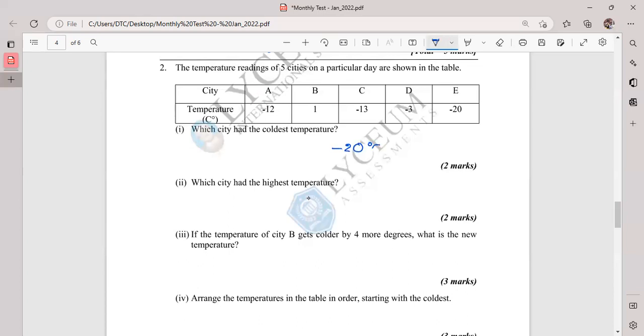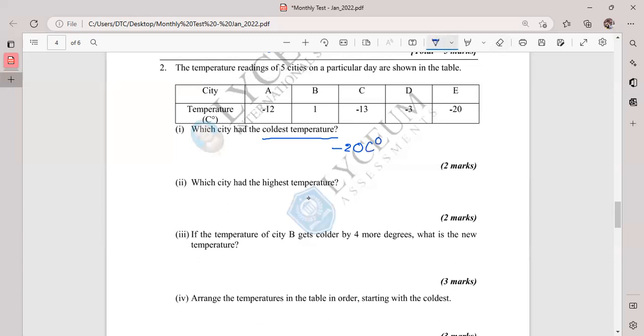Then you want to write it like this with the Celsius. Why is that? Because they are asking for the coldest temperature. If you just write only that -20, it's just a number, right? It's not the temperature. If you want to show it as the temperature, you want to write it with the Celsius degree, right? So here they have used the Celsius, right?